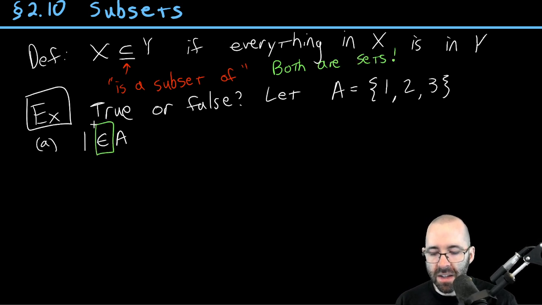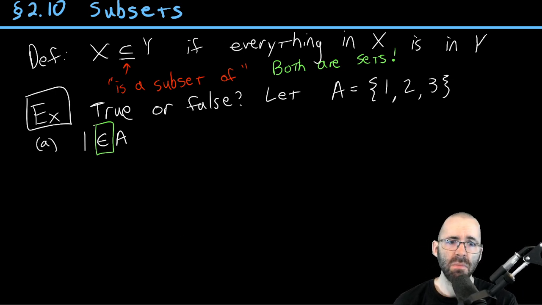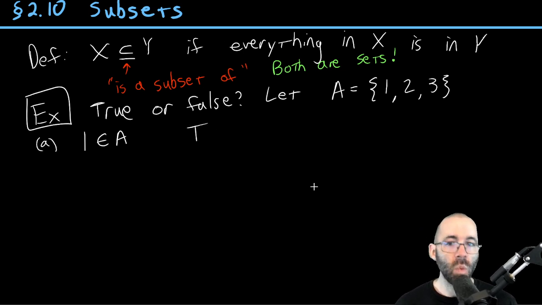We can have an element, and that doesn't require both things to be sets. They could both be sets, but that's something else. We'll get into that later when we talk about sets of sets a little bit more. But here, is 1 an element in A? Yeah. A contains the element 1. So yeah, that's true. The element 1 is in the set A.